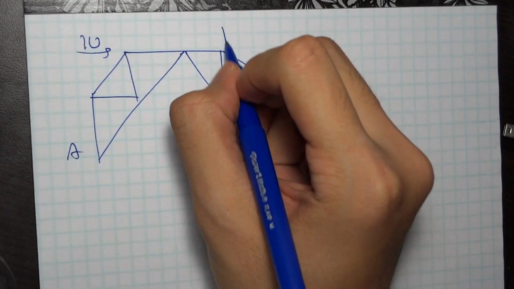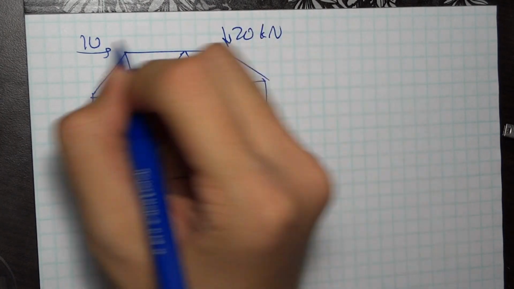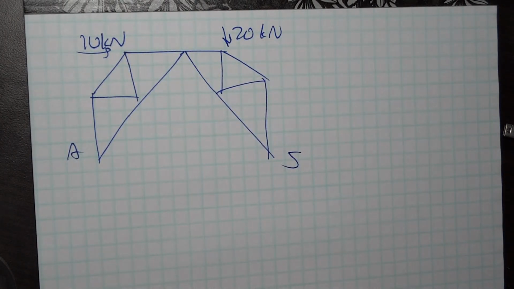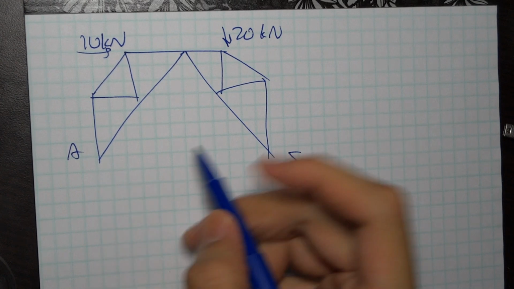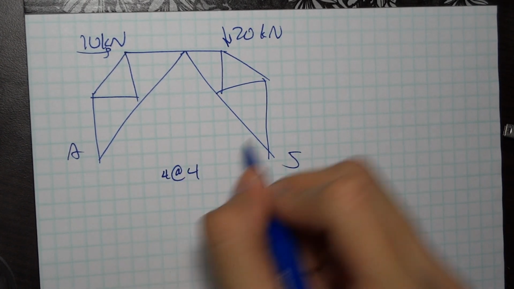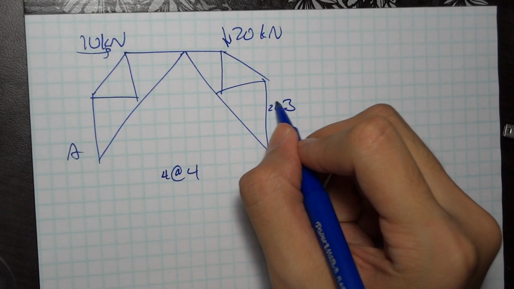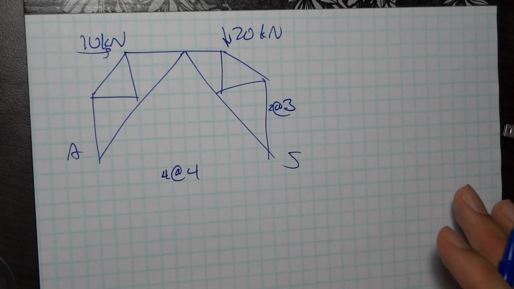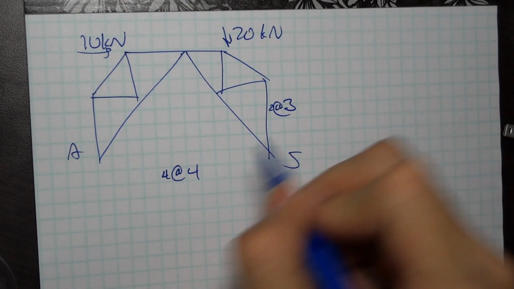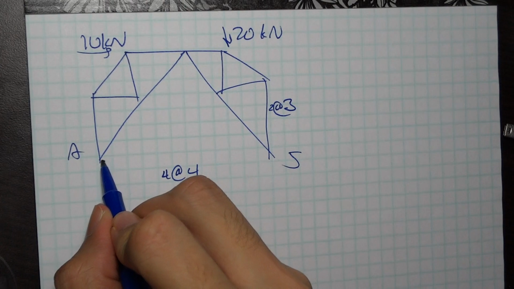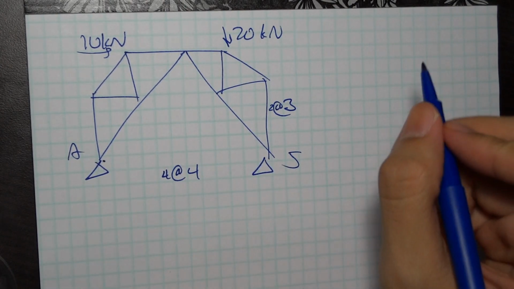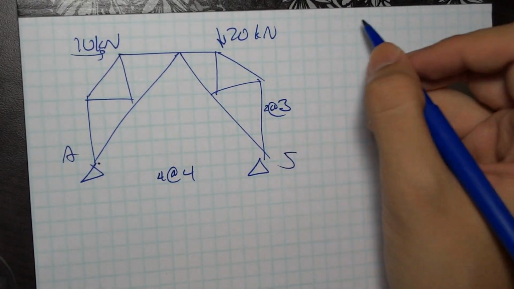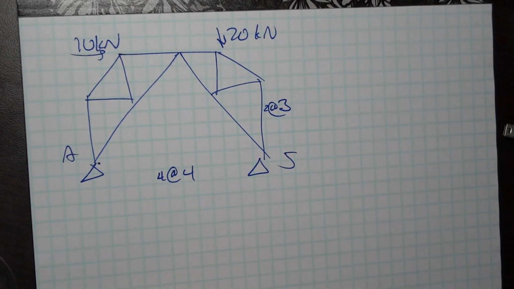This is 10. This is 20. I sometimes drop my units, but don't drop your units. And you have 4 at 4, 2 at 3. Okay. So for the global system, these are pins. For the global system, you have 3 equations that you can use, just like for any other problem.